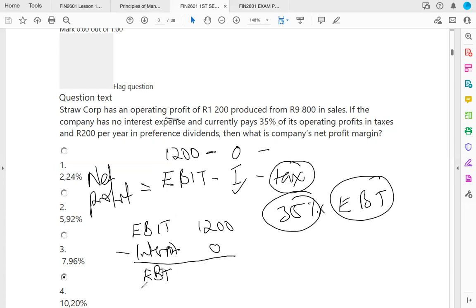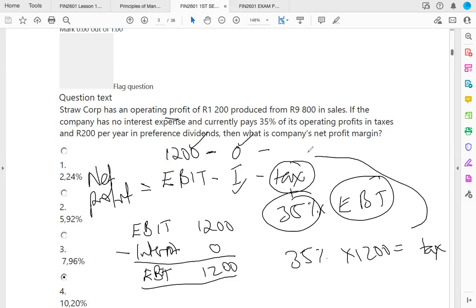In this case, our earnings before tax is just going to be 1,200. So we can say 35% of 1,200, and that gives us our tax. And then we can take our EBIT minus 0, minus the tax, and then we have our net profit.